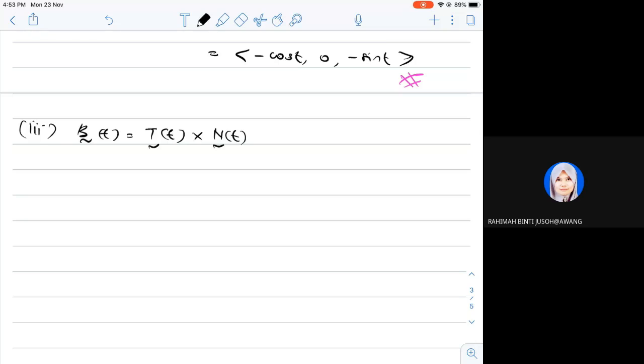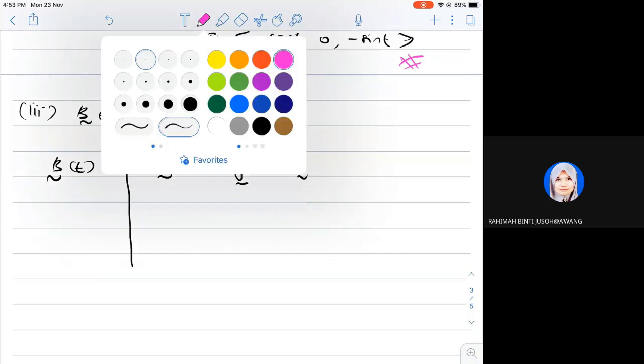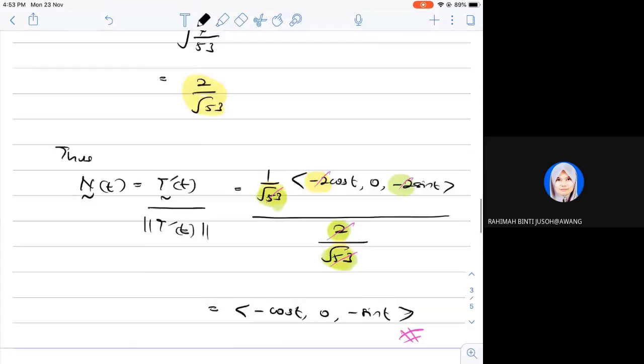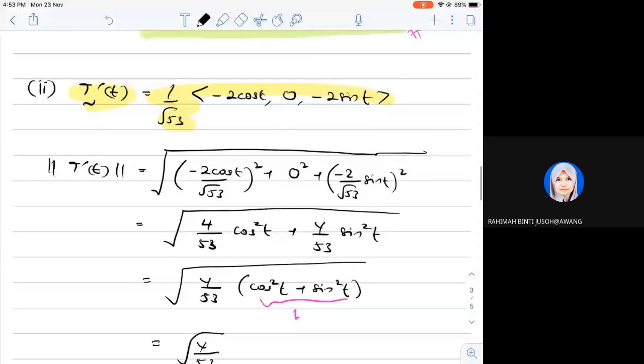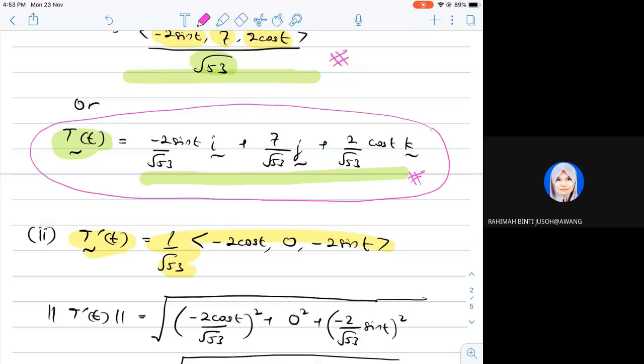So we will have the binormal vector equivalent to the cross product with i, j, k, and don't forget the plus, minus, plus alternately. The first row should be the unit tangent vector. So where is the unit tangent vector? This one, the green one, the unit tangent vector.